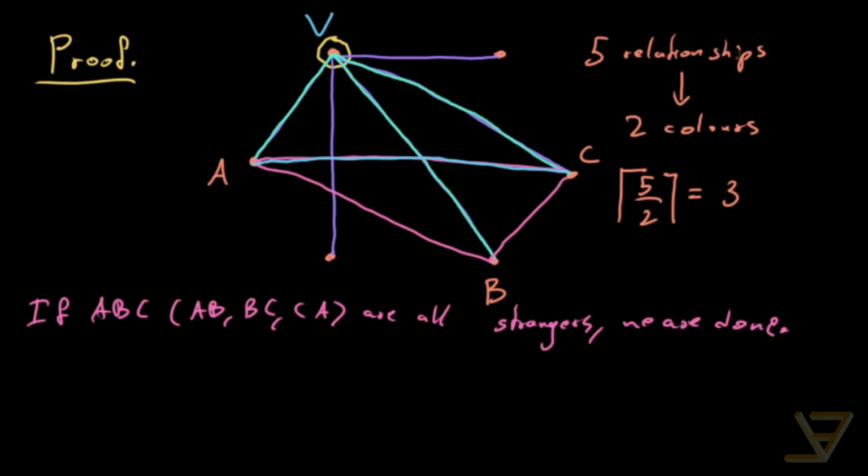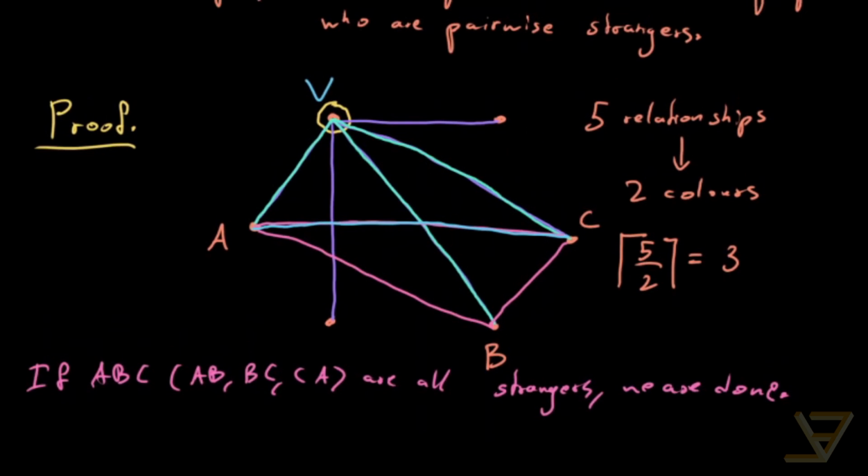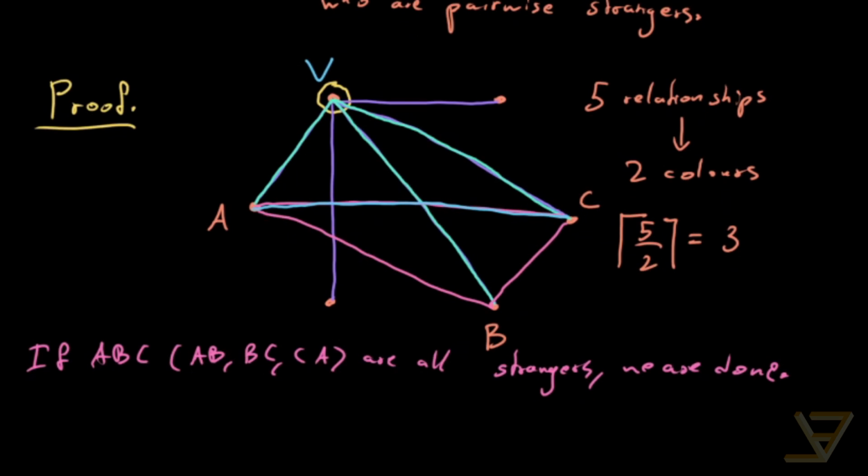We either have ABC is a monochromatic triangle, meaning all the edges are the same color, or we find that one of the two original edges out of these three has a third edge that has the same color as it. So that proves the theorem on friends and strangers.